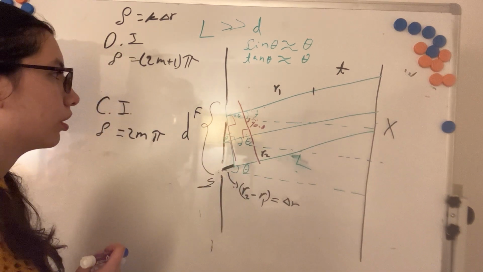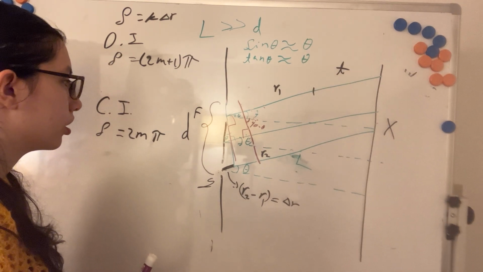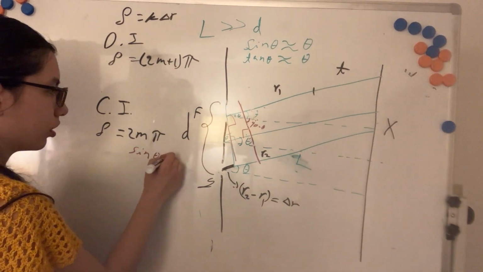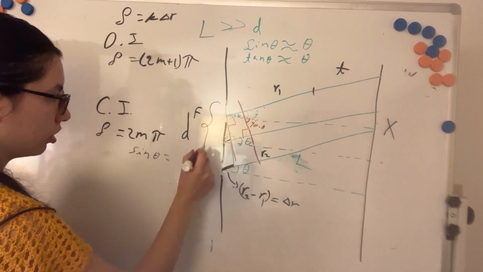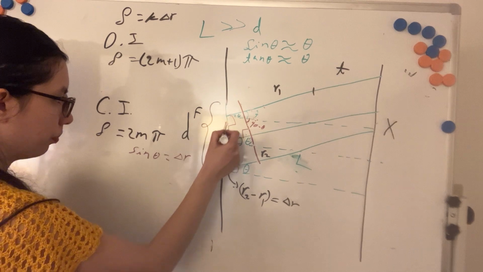Alright, so now that we have theta, sine of theta is this distance, delta r, divided by the hypotenuse.